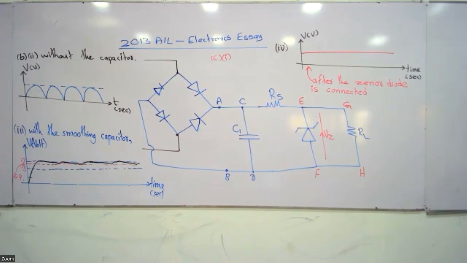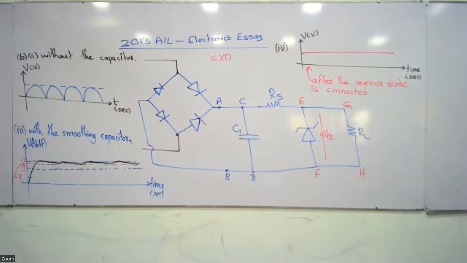When a capacitor with a larger capacitance is used, the variations of the output voltage are reduced.